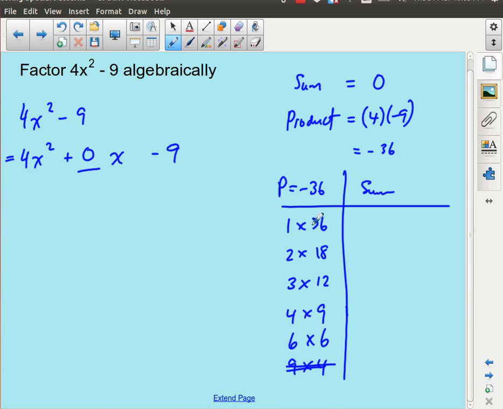Now, when we've done this before, we've asked which one should be bigger, the positive or the negative, but they add to 0. That means that neither the positive nor the negative should be bigger. It means they should be the same. Well, the only way to do that is this one. I'll make one negative, I'll make one positive, they'll add up to 0. So my numbers are -6 and +6.